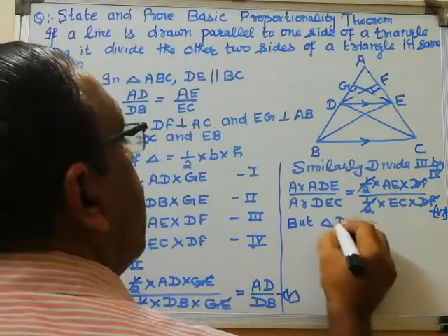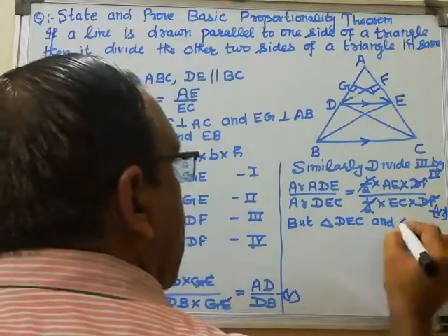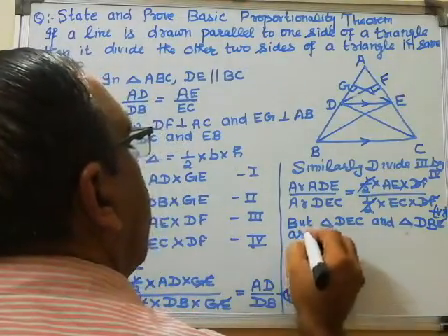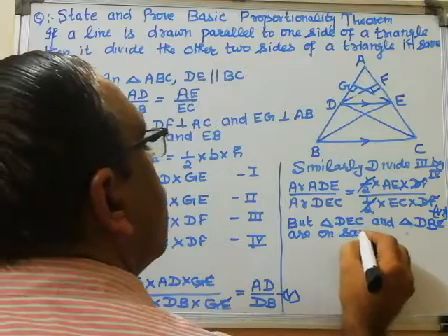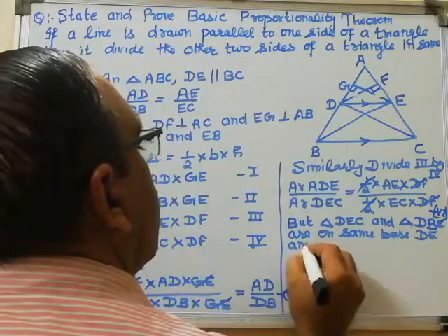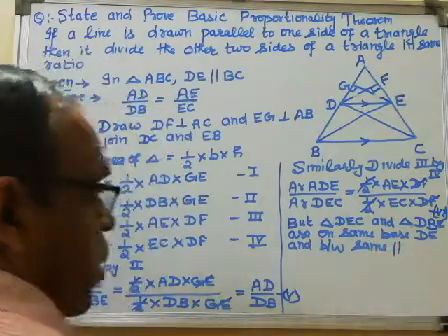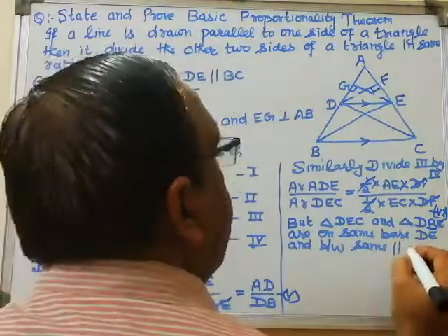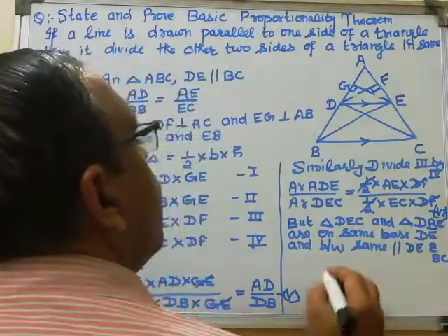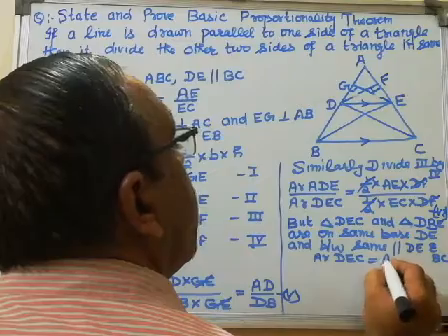Okay, you can see from fifth and sixth, but triangle DEC and triangle DBE are on same base DE and between same parallels DE and BC. Okay, so area DEC is equal to area DBE.